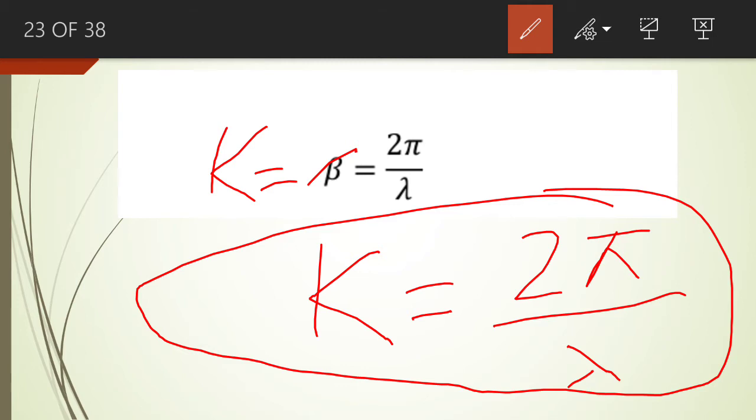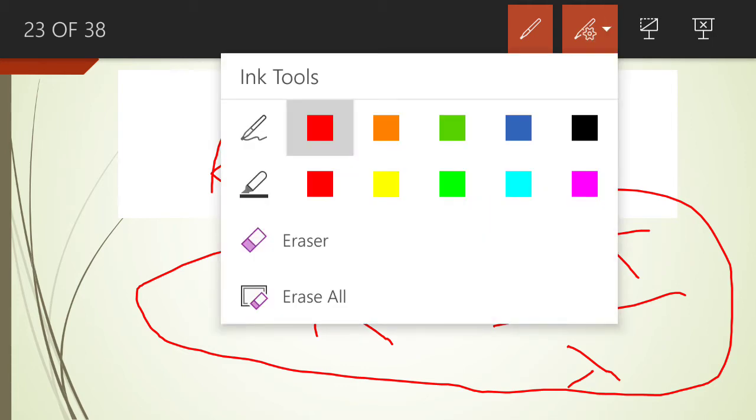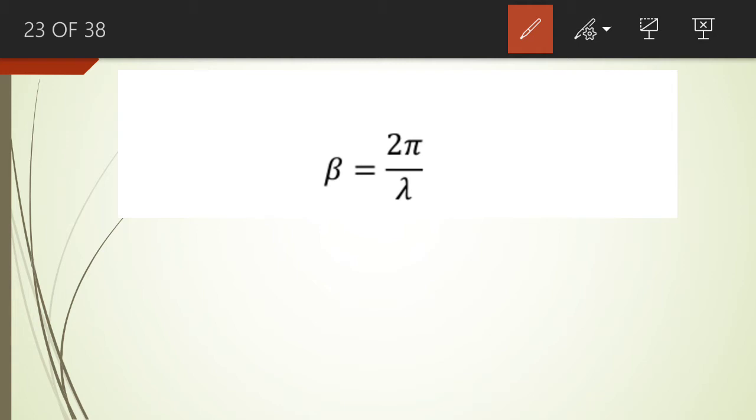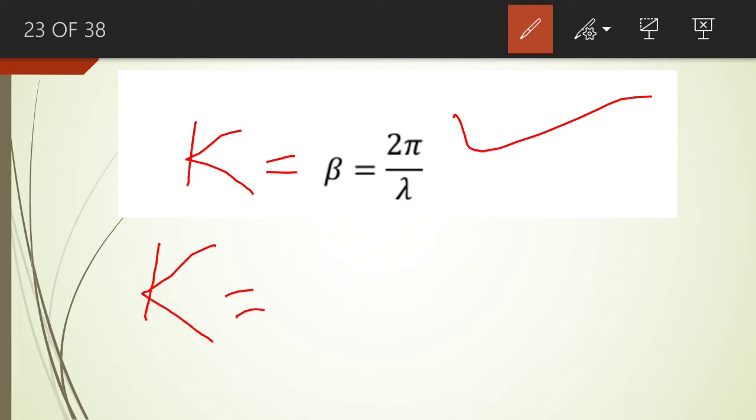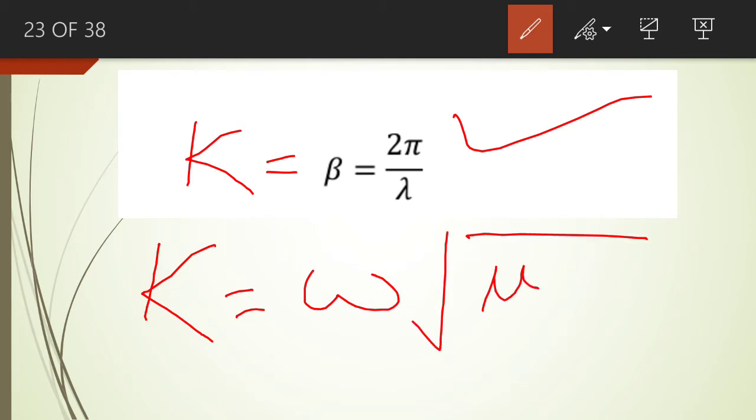So we can calculate the phase constant with the help of two equations. We can calculate it with the help of the wavelength of the electromagnetic wave, and we can calculate this k with the help of the angular frequency as well as the permeability and the permittivity of the medium.